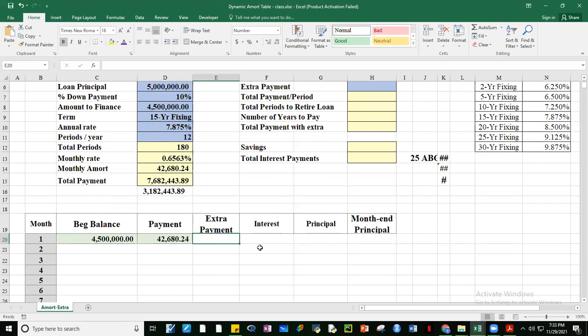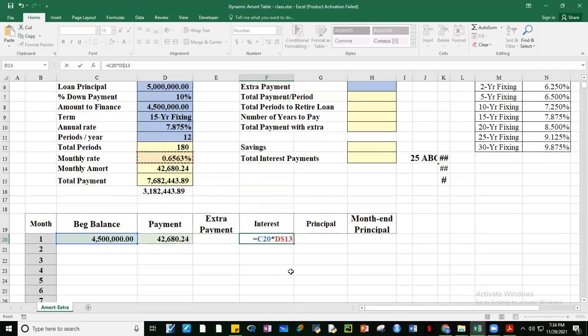Wala pa tayong extra payment, next meeting natin titingnan yan. Interest, what's the interest? The interest will always be based on the balance. No? Yun ang balance natin, 4.5. And then we multiply that by the interest rate. Ito yung interest rate natin. No? This one. Okay, since we're going to copy this down, dapat guys, beginning balance times the interest, i-fix natin yung row, no?